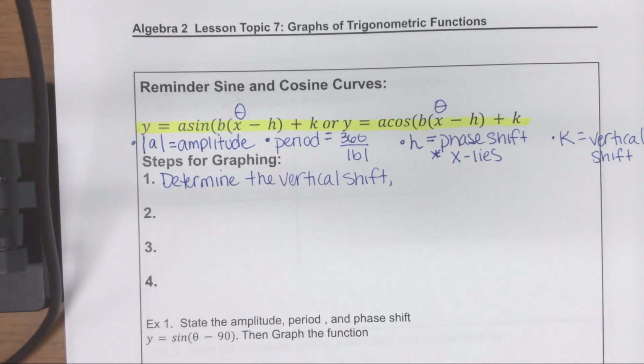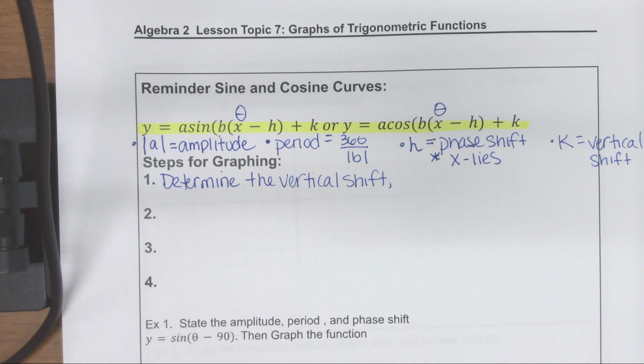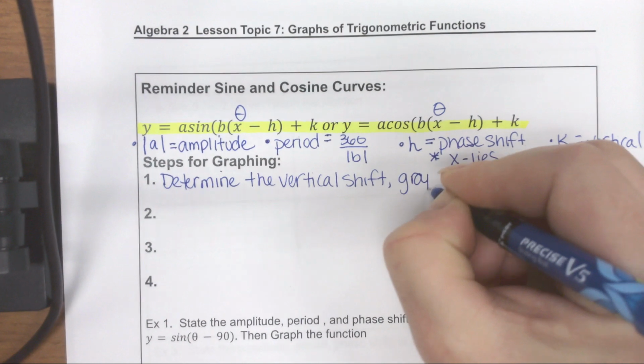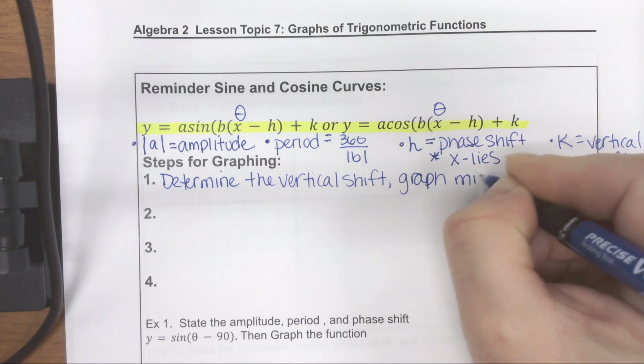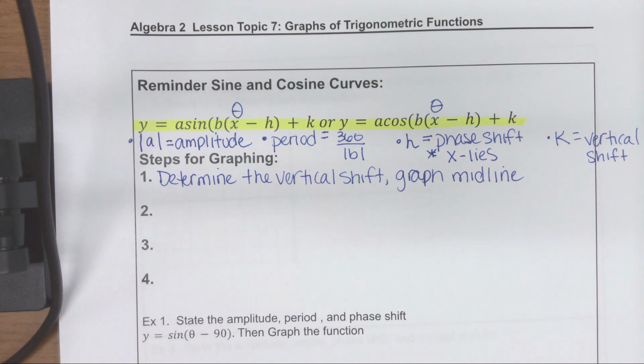And with that, that vertical shift is going to become our new midline, okay? So we're going to graph the midline. If there is no vertical shift, the midline is just the x-axis. And so far, that's what we've been dealing with. The middle of our graphs have been the x-axis the last 2 days.